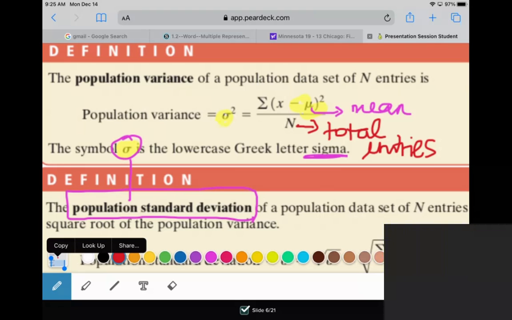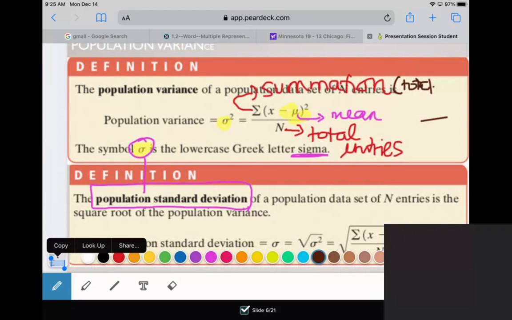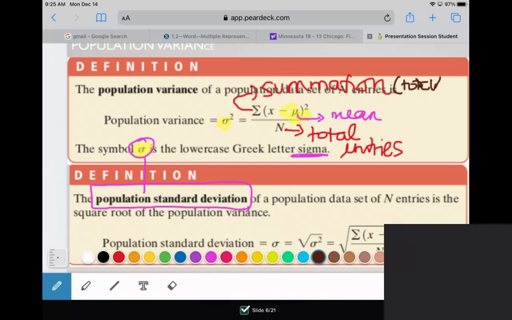Okay. This notation right here is a summation. We've seen this one before. The summation means the total. Okay. This one represents the total.